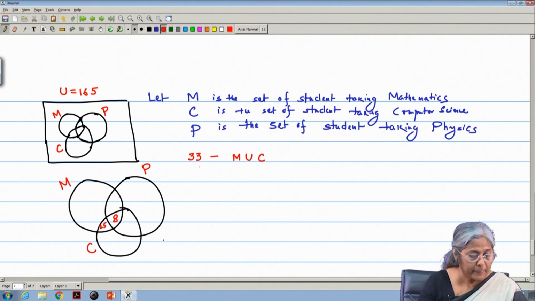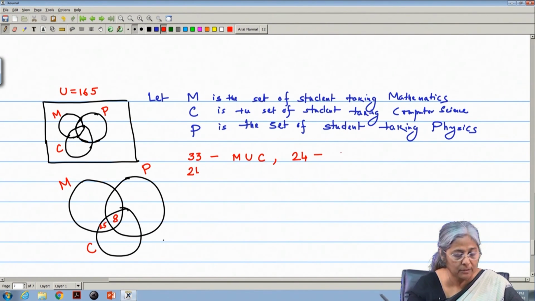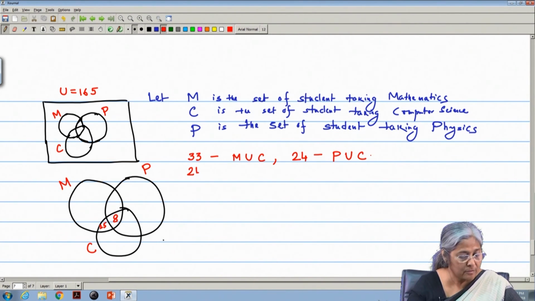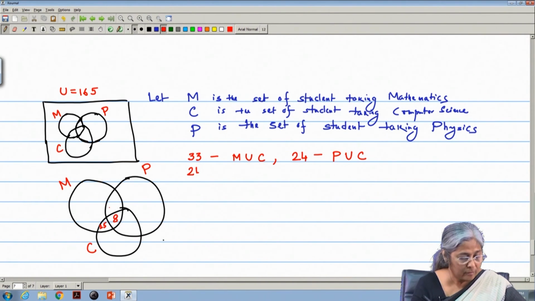Similarly, 24 students are taking physics and computer science, so this will be 16.